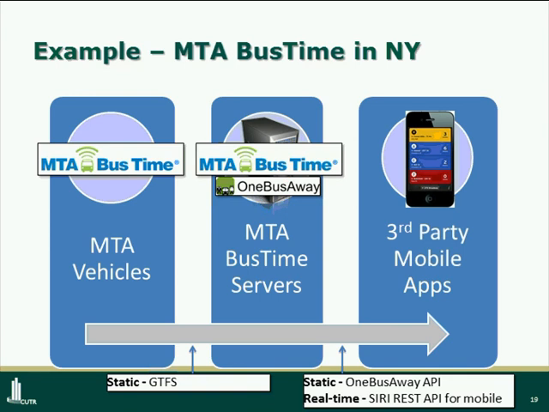They are sharing static data that's very precisely tailored for mobile devices via the OneBusAway API, and they are sharing real-time information via the SIRI REST API for mobile devices. They have made that data available so that external third-party developers can develop apps for particular platforms such as iPhone and Android.